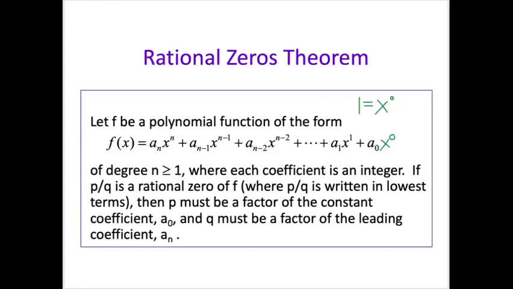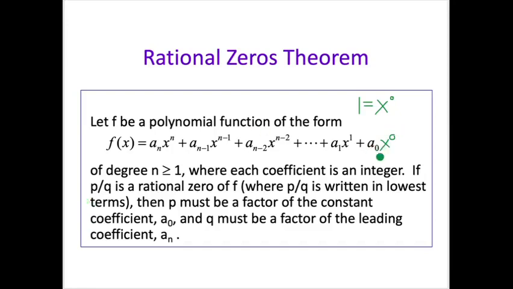So we want to actually apply this rational zeros theorem there. So it says, let f be a polynomial of this form of degree n greater than or equal to 1, where each coefficient is an integer. If p over q is a rational zero of f, so we're trying to find rational zeros here, where p over q is written in lowest terms, then p must be a factor of the constant coefficient.